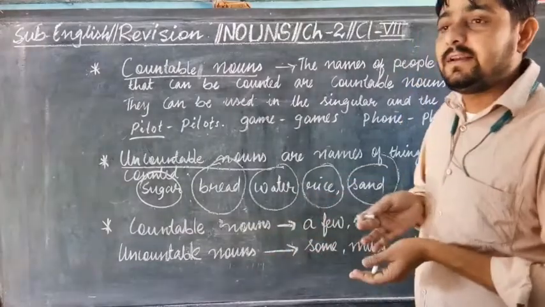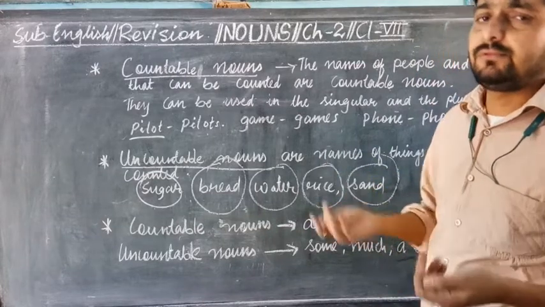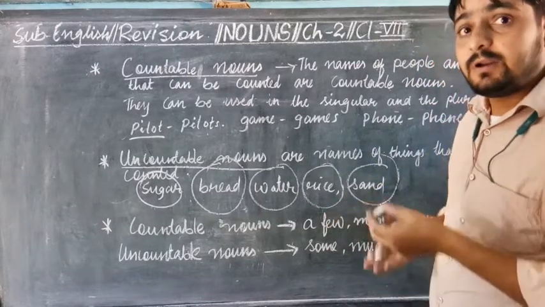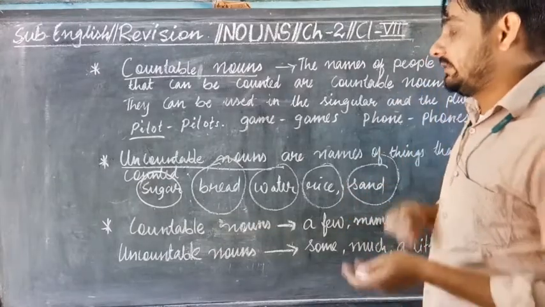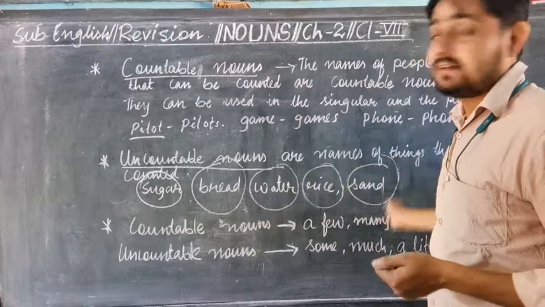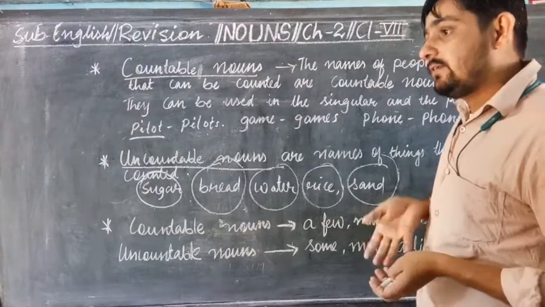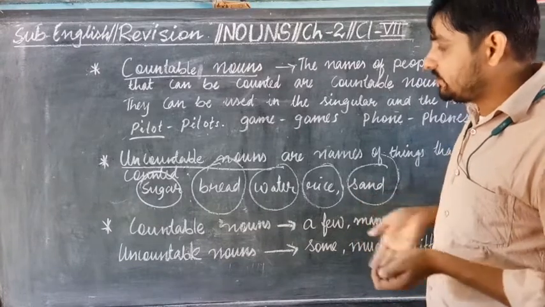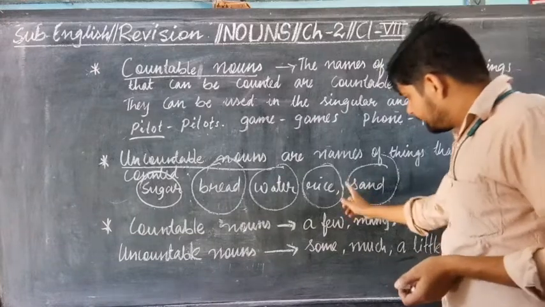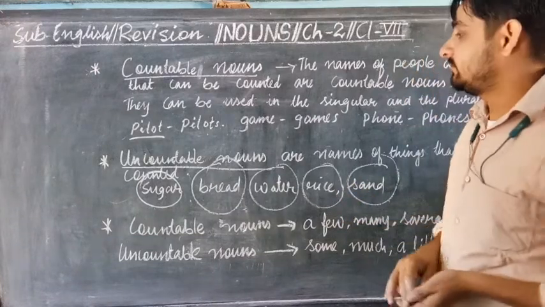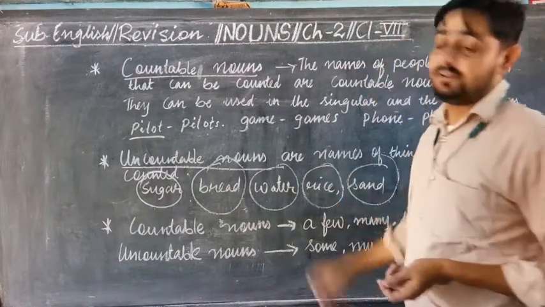If we add these before uncountable nouns, then we can measure or count them. Some words are required. But if we don't put some words before the uncountable noun, then we cannot count it.